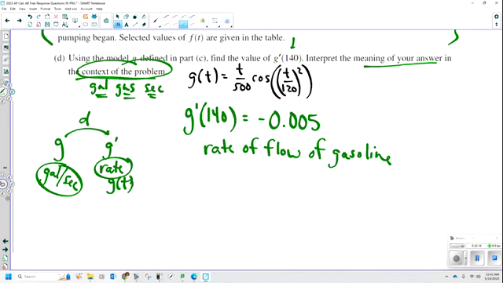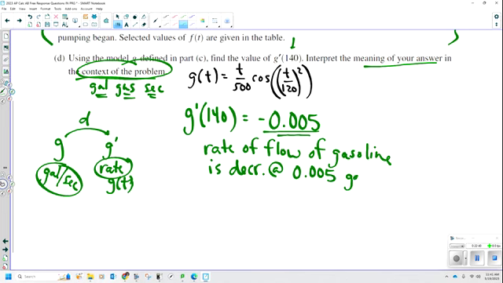The rate of flow of gasoline, since this answer is negative, is decreasing. So my rate of flow of gasoline is decreasing at 0.005.